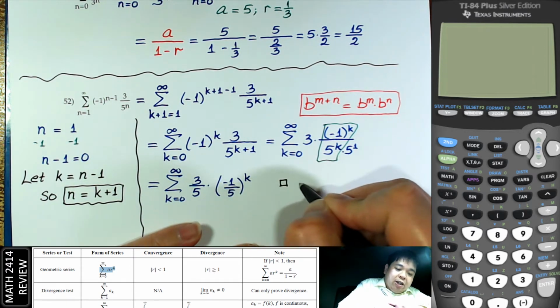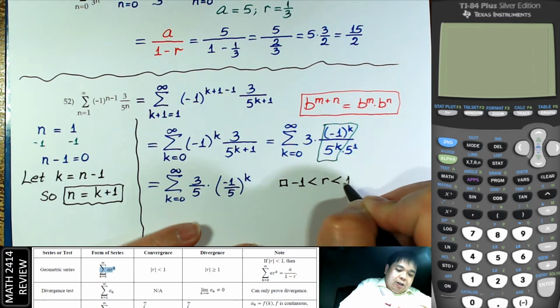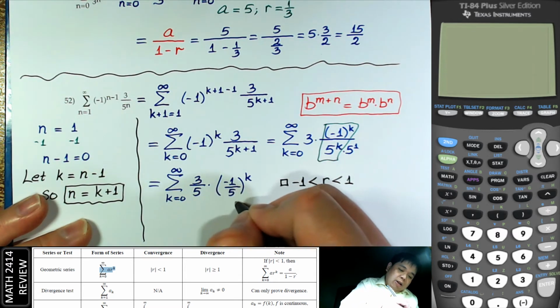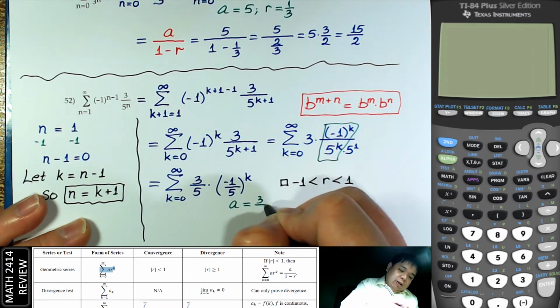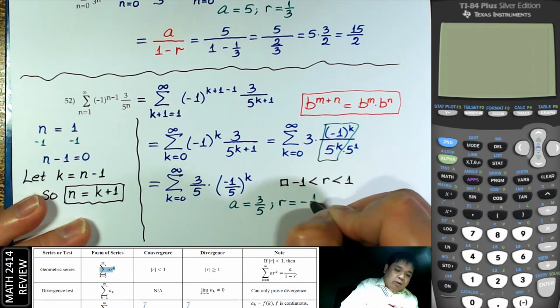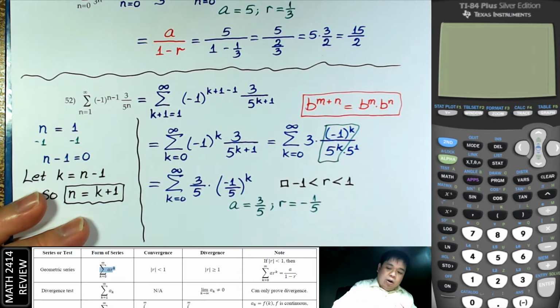Just make sure that the ratio is between -1 and 1. So for this particular problem, a is 3 over 5 and r is -1 over 5. So yes, it is between -1 and 1.